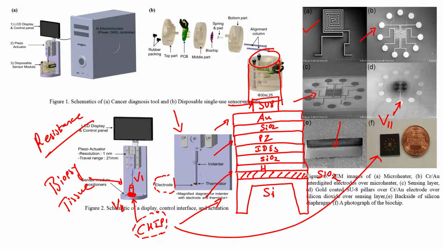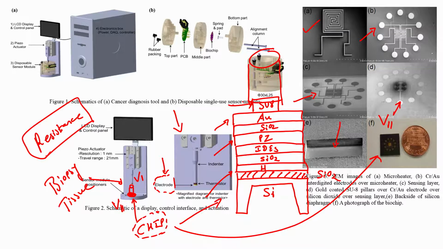If I apply voltage between those two electrodes and there is a tissue in between, then I can see a change in current, and that change in current will be because of the resistance of tissue. So, if I know the voltage and the current, I can measure the resistance of the tissue. So, first we are measuring the elasticity, now we are measuring the resistance.